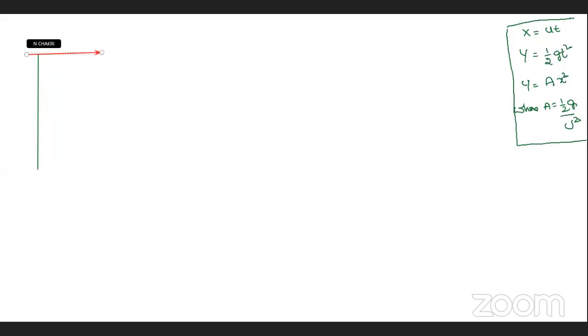Of course, you know the path of a projectile is a parabola, so you may get a parabola like this. And suppose this is the ground here. After projecting, it may hit the ground somewhere here.